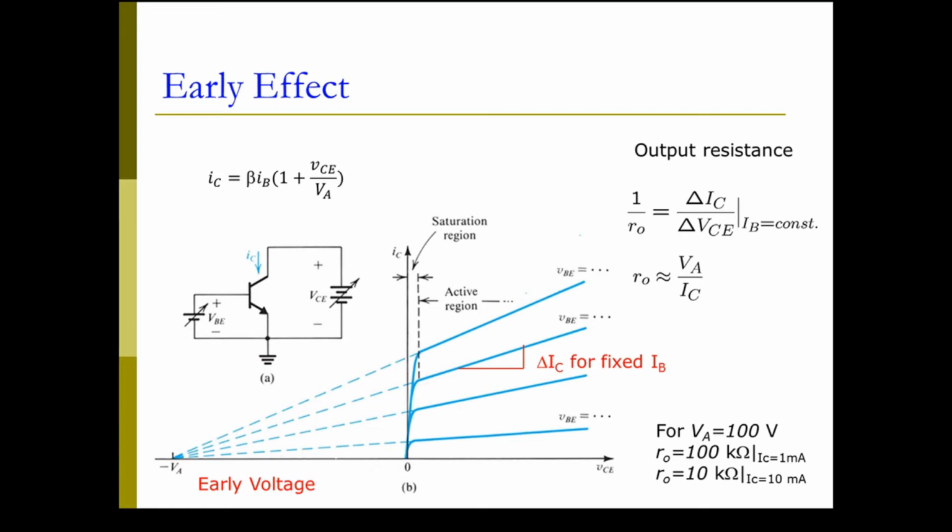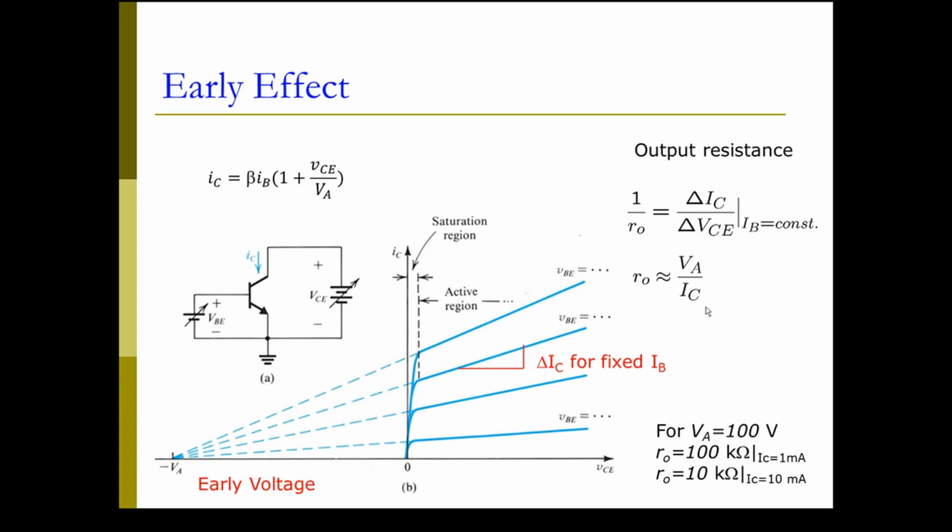And we can define the output resistance of the transistor by this formula here. Right, so 1 over Ro, that is the conductance, right? The conductance is defined by the change of this current divided by the change of this voltage, and we can also easily calculate this Ro if we can find a specific point, an operating point.